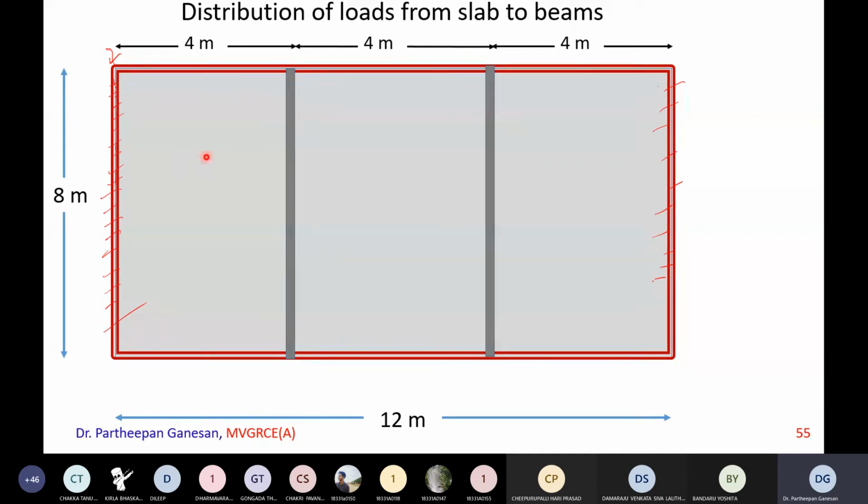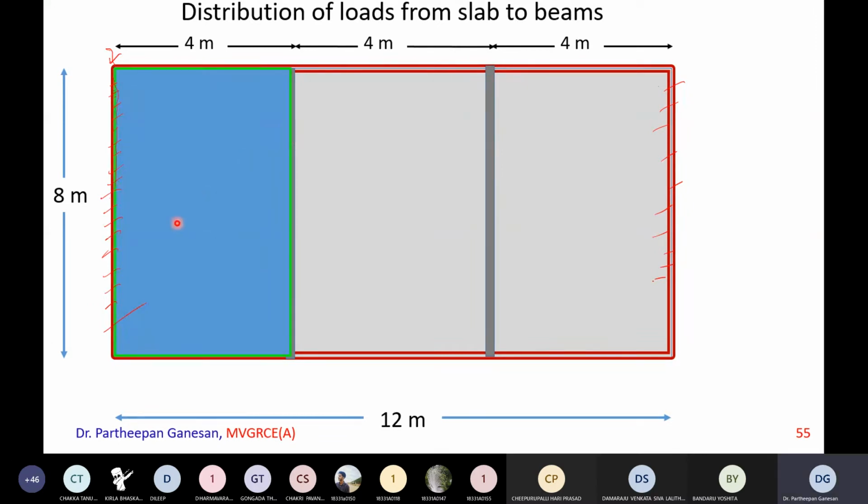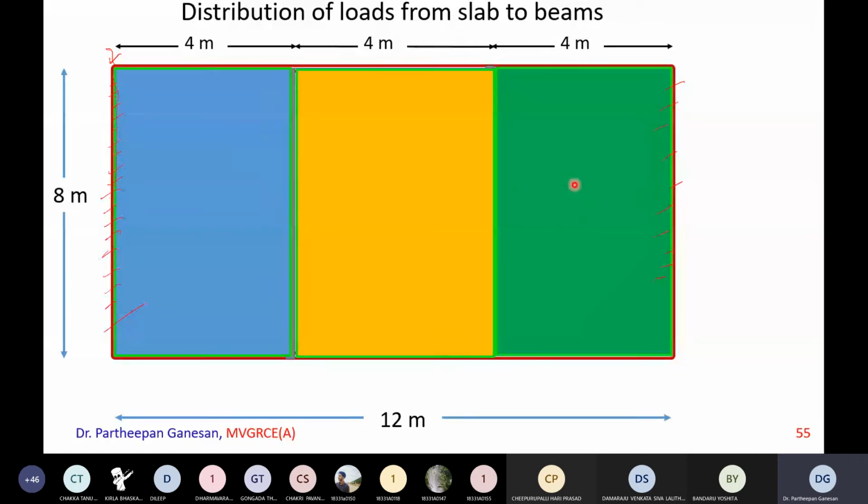One-way slab means what? Whatever load is coming onto this area, this is one slab. This is another. This will be considered as another slab. So you have this left support, an intermediate support, another intermediate support, another end support.